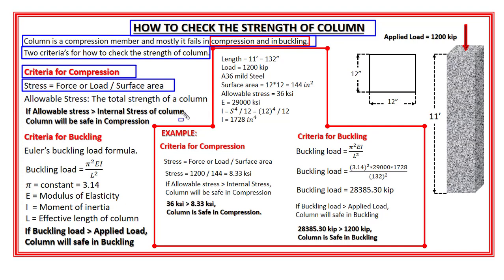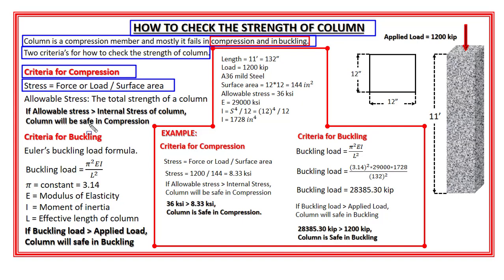So when the load is applied on a column, then compressive stresses or internal stresses are produced in that particular column due to the applied load. So basically we have to check whether that particular column is strong enough to resist the applied load or not, right? And it should be checked against the allowable stress of the column.